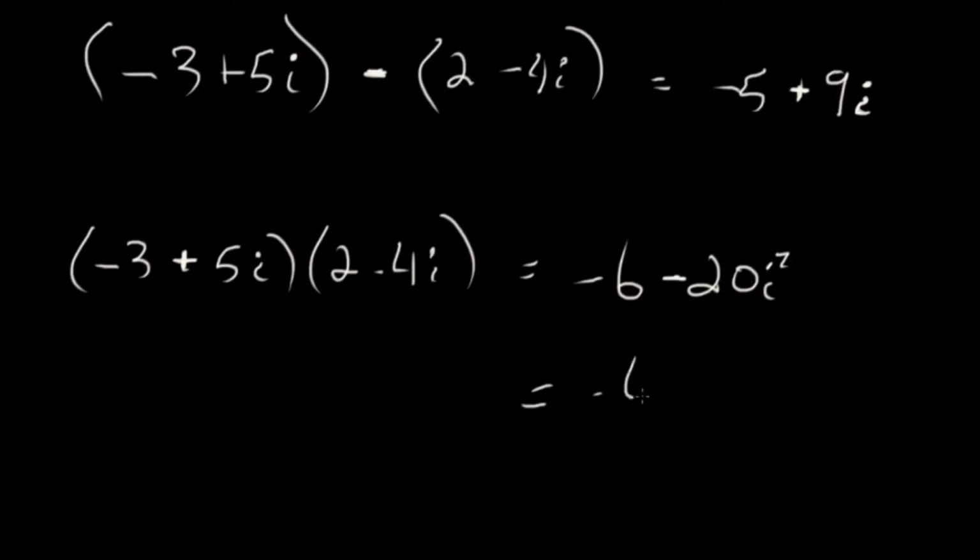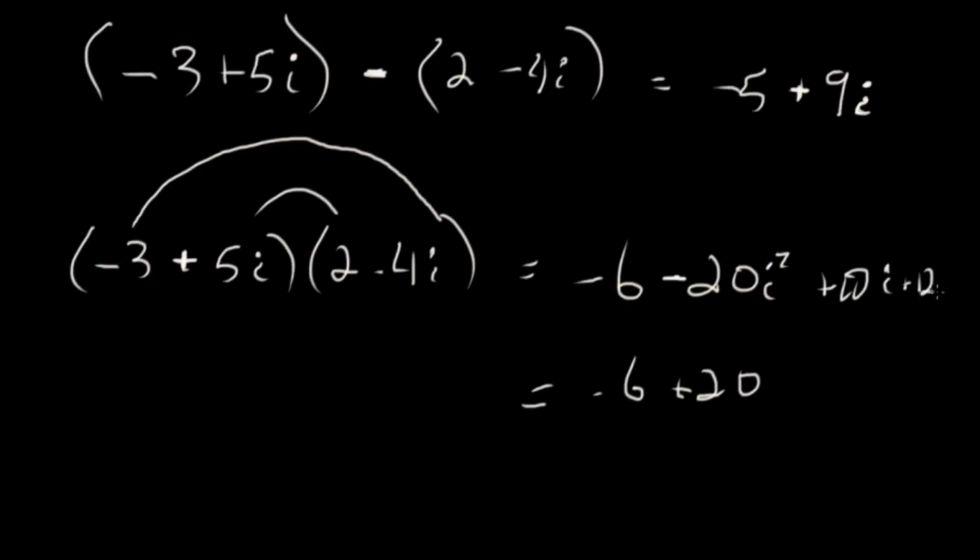So let me go ahead and put a positive 20 there, but we have more. We also have 10i and 12i. So we have 10i plus 12i, which is 22i. And then, if we simplify this further, we get 14 plus 22i.